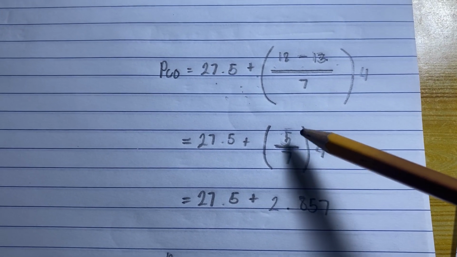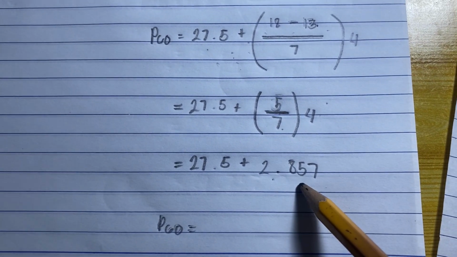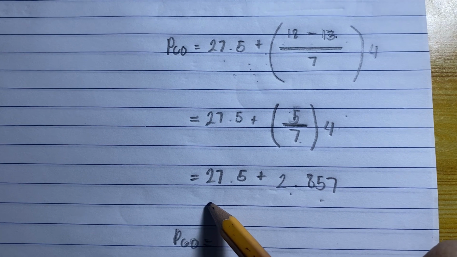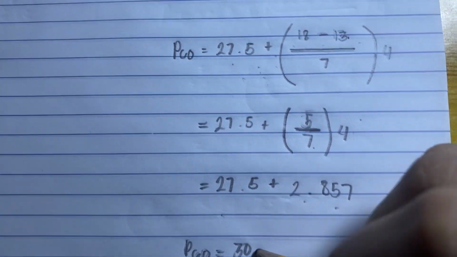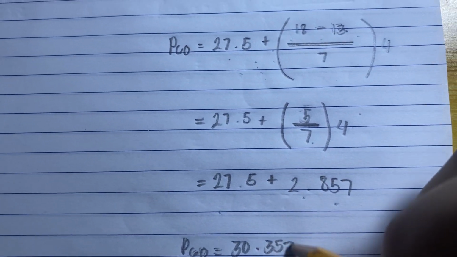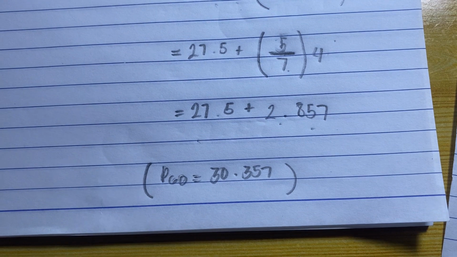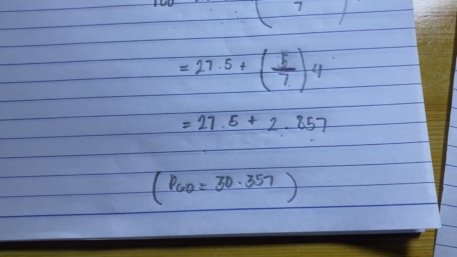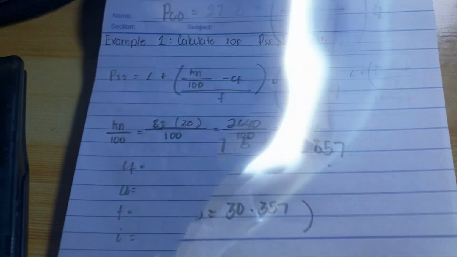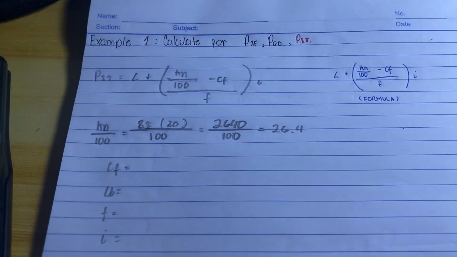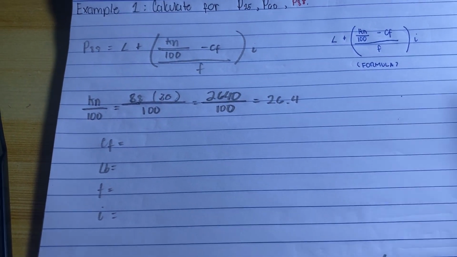So, 5 divided by 7 times 4 is equals to 2.857 plus 27.5 is equals to 30.357. Ito ulit ang answer natin. So, 60th percentile is equals to 30.357.